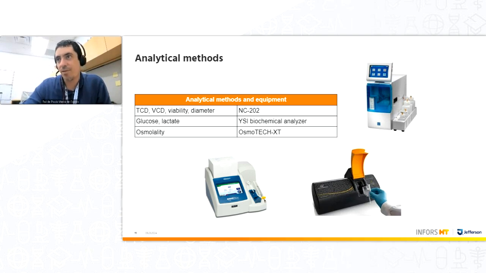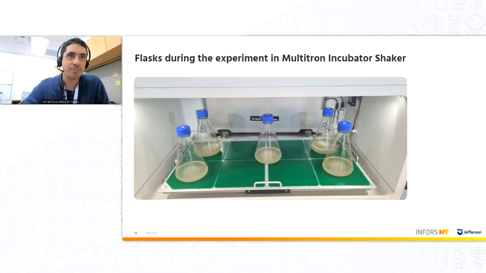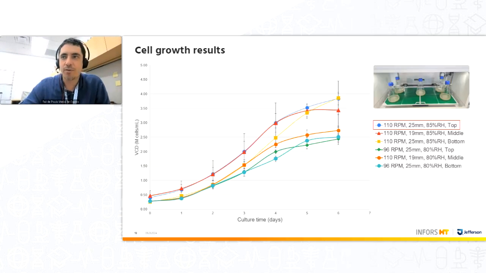That makes sense, since relative humidity was something we tested in these experiments. That's just a picture taken during the experiment. For the bottom cabinet, we can clearly see the position of each shake flask in the corners and in the center.